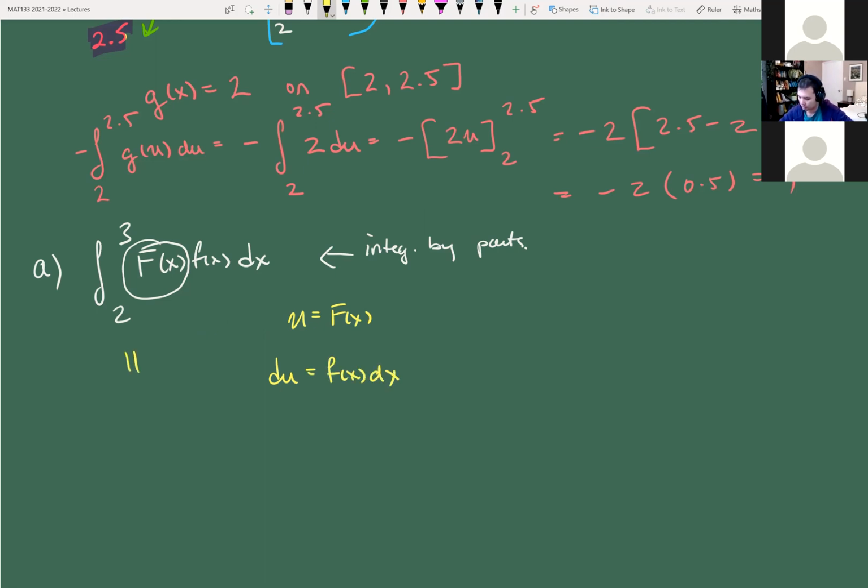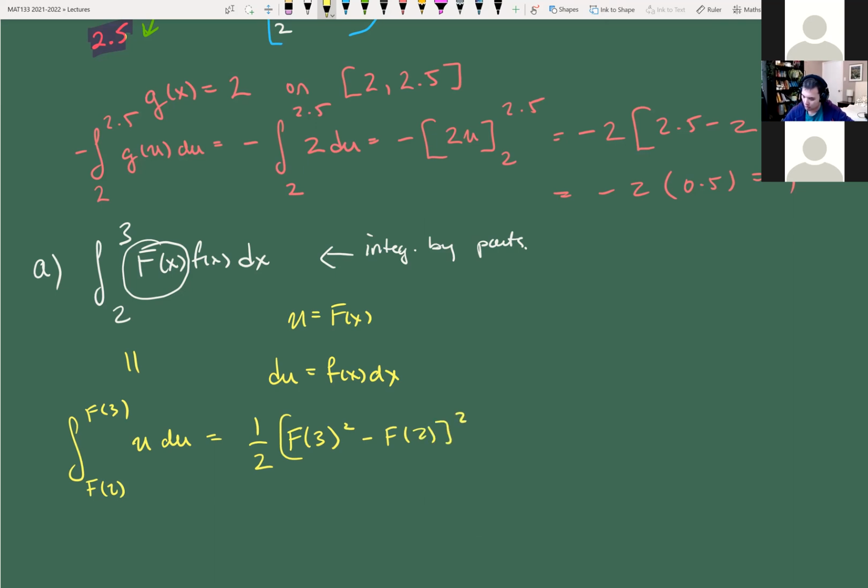And then when you do this integral, you would get the integral from f of 2 to f of 3 of u du, which is okay. This isn't terrible. So you're going to get 1/2 f of 3 squared. Yeah, so you could do it this way as well. Yeah, it totally works out.